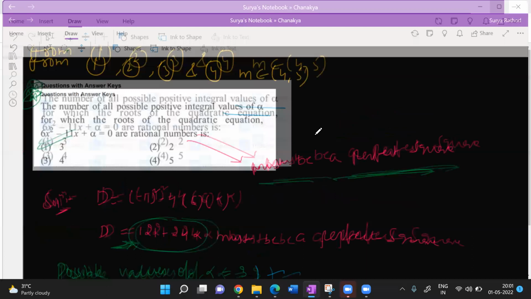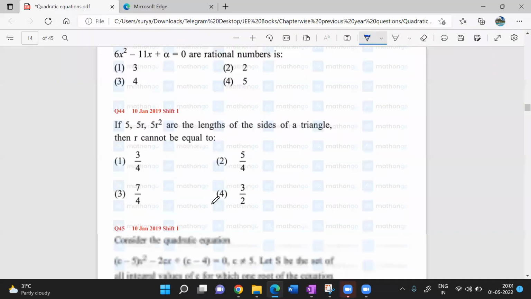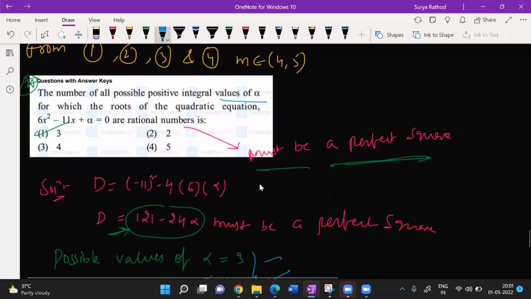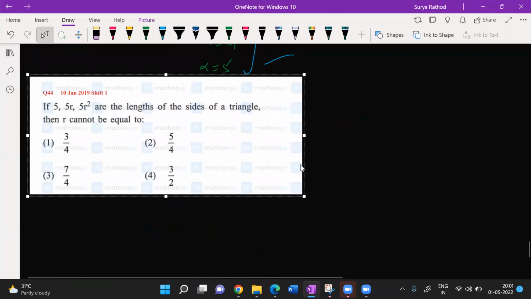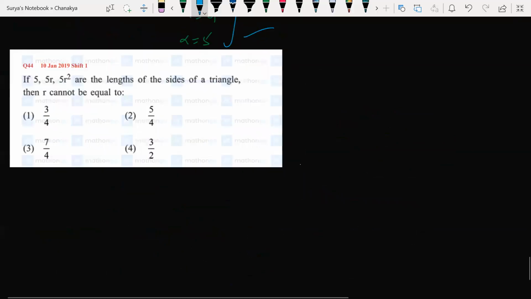Next, we'll solve this question, 44. If 5 and r square are the lengths of the sides of a triangle, r cannot be equal to dash.